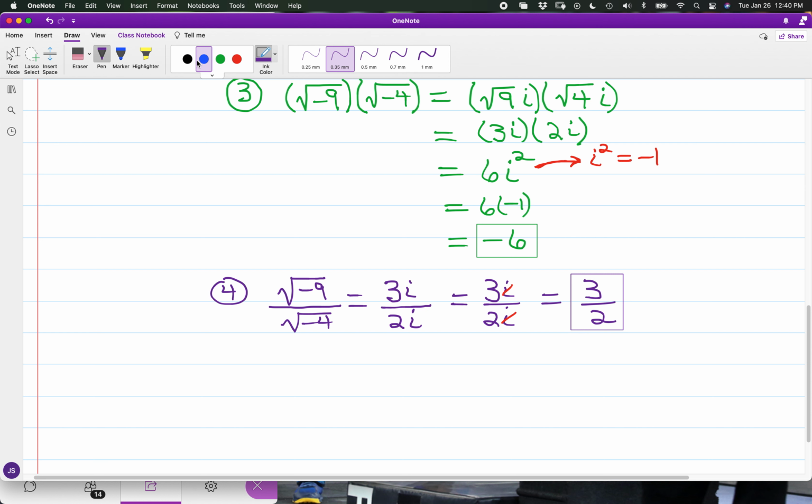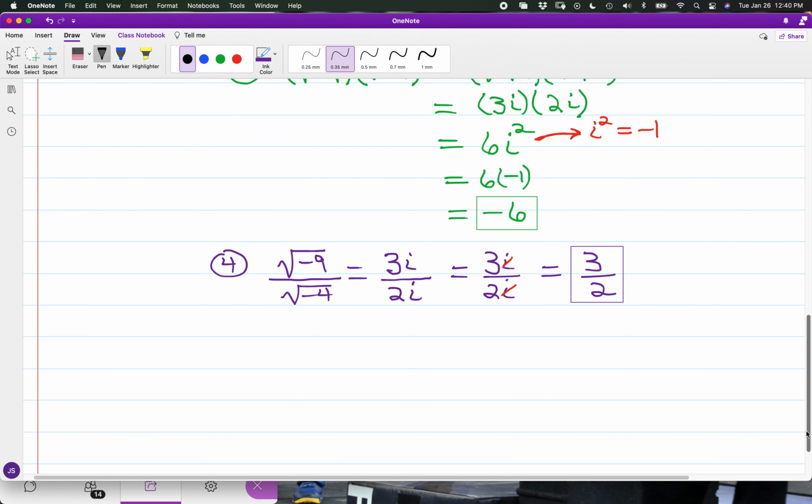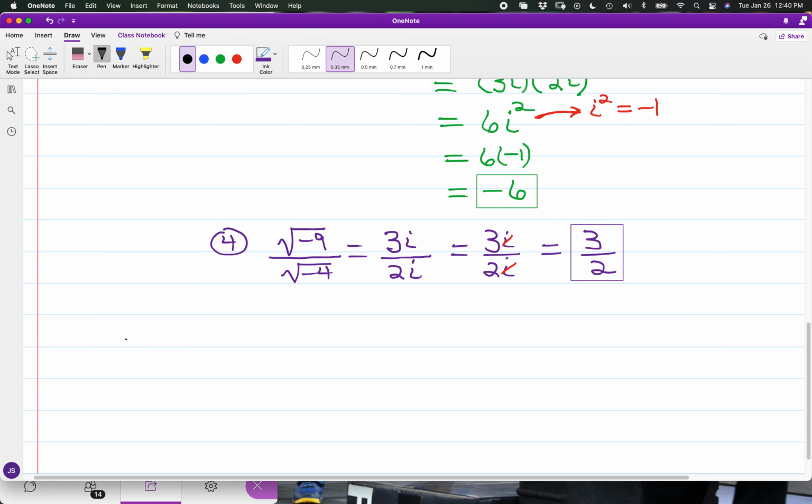Again, just going back to what we have with complex numbers.